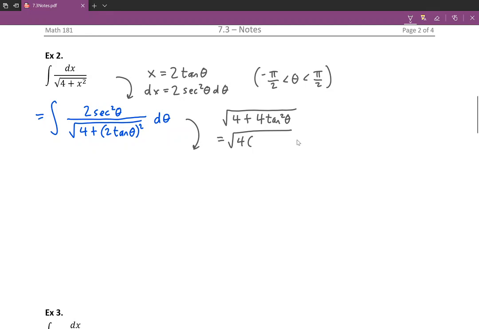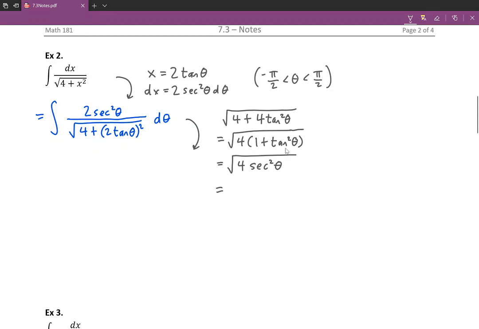So now we can pull out that 4, and we have 1 plus tan squared theta. And using a trig identity, the Pythagorean identity, we have that 1 plus tangent squared theta is equal to secant squared theta. That's one of your trig identities that you get from the basic one, sine squared theta plus cosine squared theta equals 1.